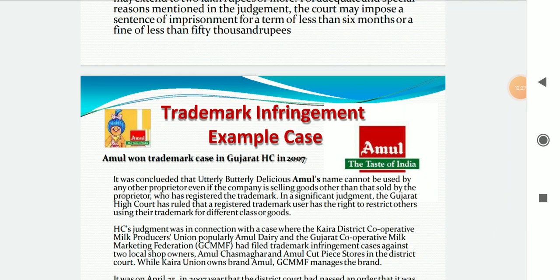In a significant judgment, the Gujarat High Court has ruled that the registered trademark's use rights restrict others from using the trademark for a different class of goods. And this is the trademark infringement case owned by Amul.